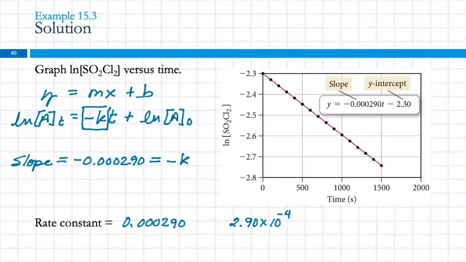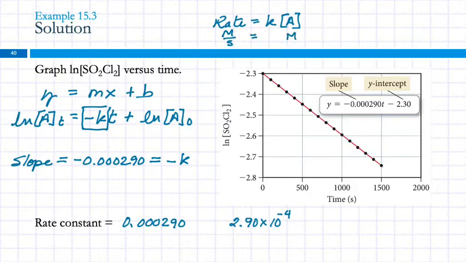Per second. Yeah, so we can't get the units by looking at this equation when you do natural logarithms and stuff. What happens to the units? I don't even know. But we know what they should be because it's first order, the rate equals the rate constant times the concentration. The rate has units of molarity per second.